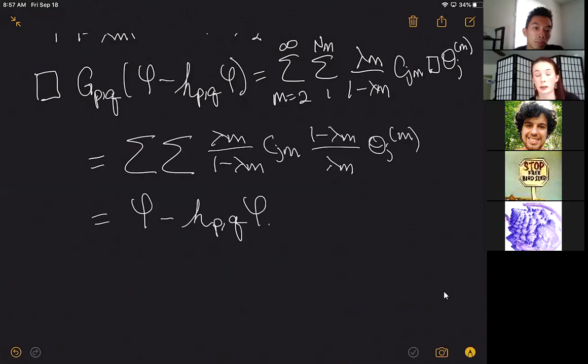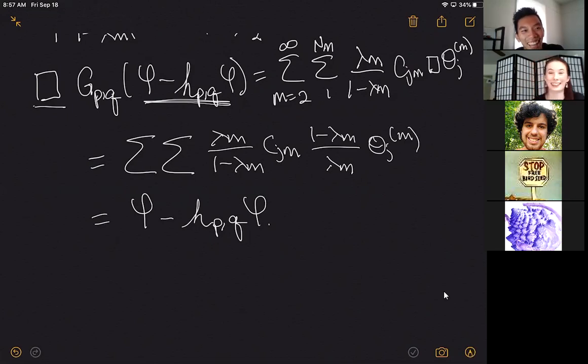So this tells us that when we apply G sub PQ to this, we get a solution to box of that equal to whatever.